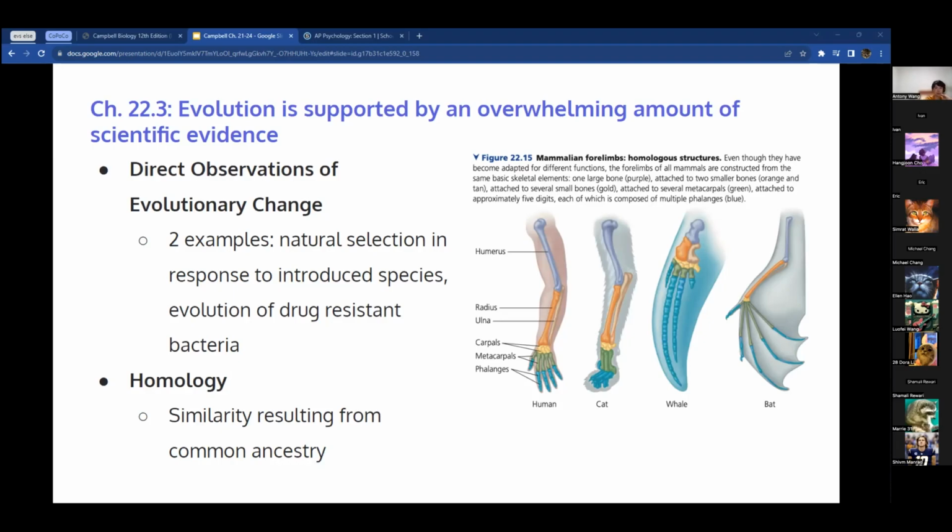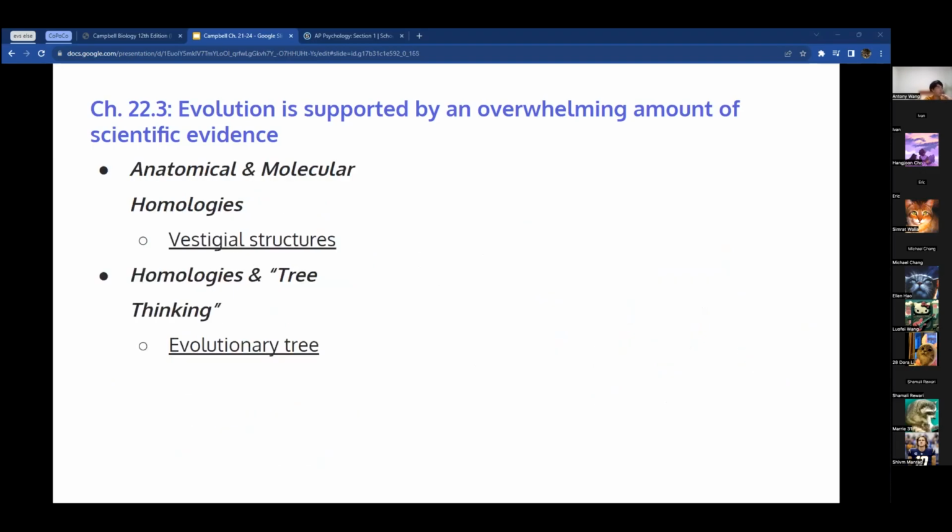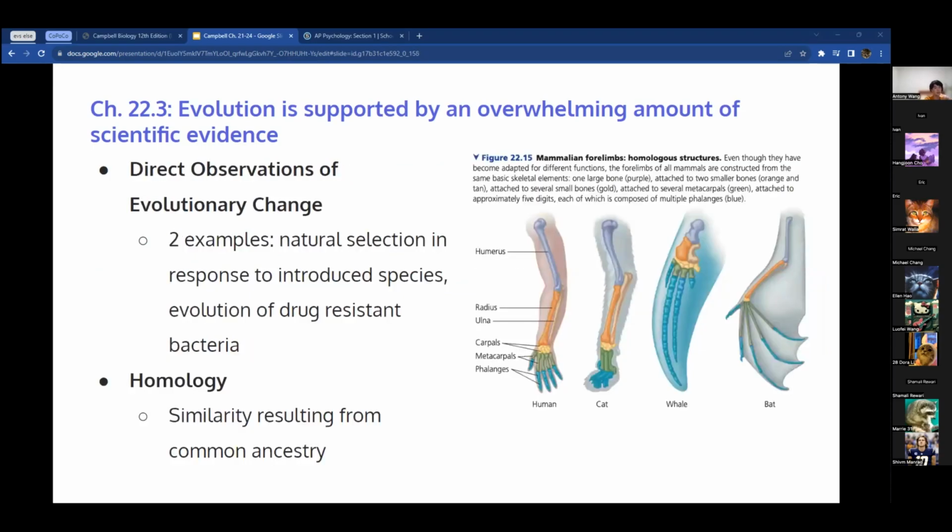One important thing is to distinguish homology from analogy. Homology is similar traits resulting from traits being inherited from a common ancestor. However, analogy is when two species evolve into similar forms because they have similar environments.